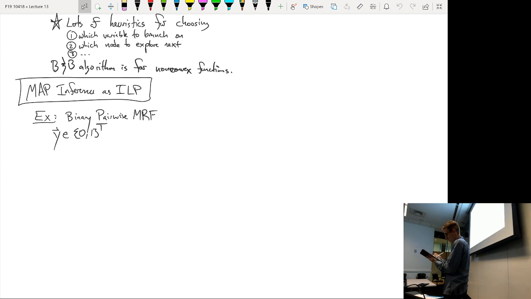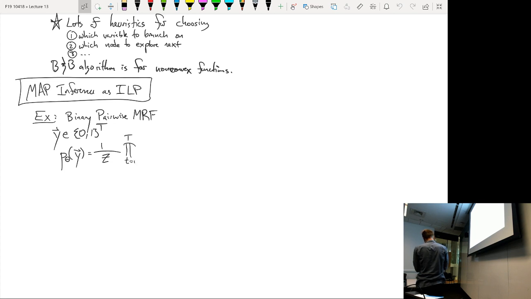So here, we're going to say that the probability of our vector y is given by 1 over z, and so this is going to be some function of our parameters theta. And we're going to have a product from t equals 1 up to capital T. And for each variable, we're going to have one potential function.